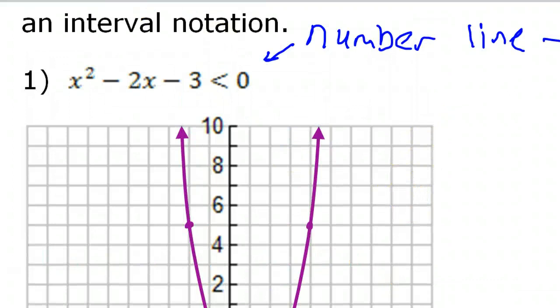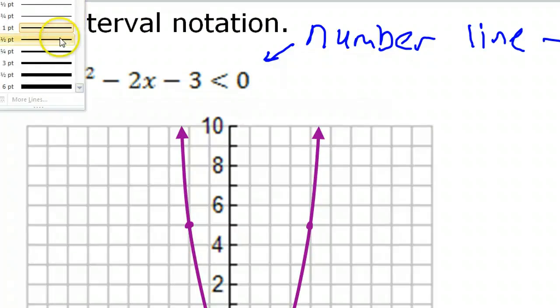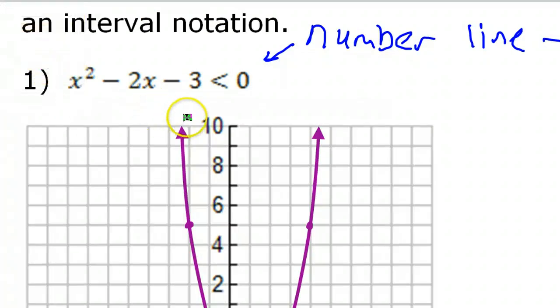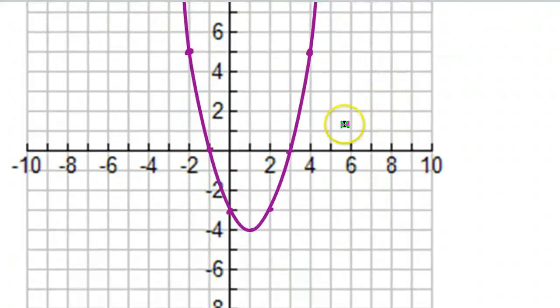Okay, I like to use this as my highlighter. Okay, the function has to be less than 0. Not equal to, just less than. So less than 0 means below the x-axis graphically. So this is the part of the graph that's going to be less than 0. Okay, those are the solutions.